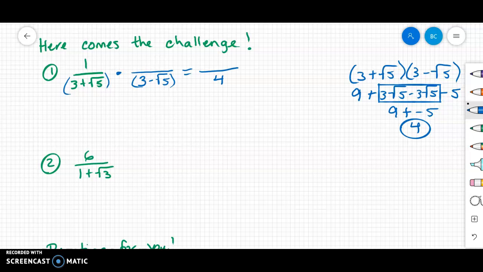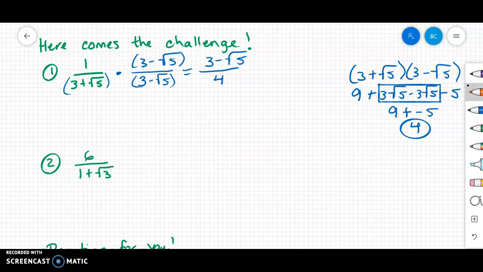If I multiply the denominator by that binomial, I also have to multiply the numerator times that binomial, so I've got 3 times 3 minus the square root of 5, and I'm multiplying that times 1. Anything multiplied times 1 is just itself, and so that problem is actually easy as far as conjugates go.